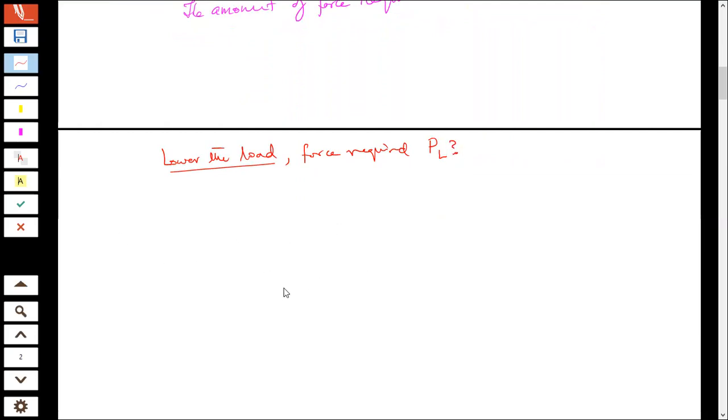Again, if I take the thread and draw the same triangle, this is going to be my pi dm, which is the circumference of one revolution, and then I'll have the lead L.